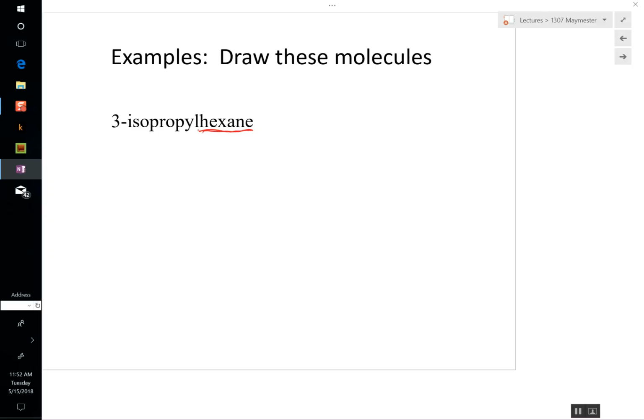That's that molecule right there. So let's see how we would draw it. So hexane, 6 carbons. We're going to put an isopropyl group right here.